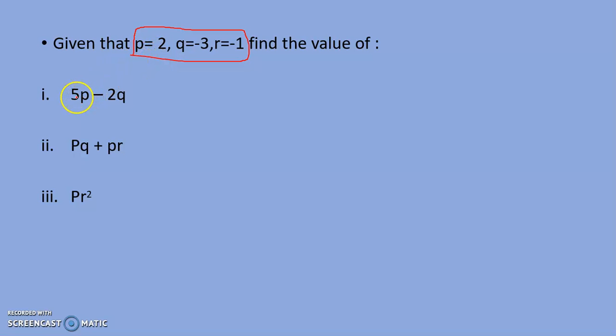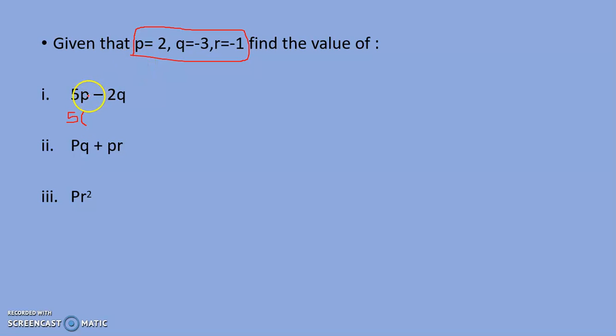Now let's replace the letters with numbers. P in this case, it says p equals 2, and whenever we see a number in front of a letter, or two letters in front of each other are adjoined, it means to multiply, and we represent that multiplication by a bracket.